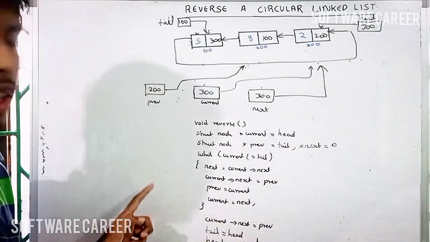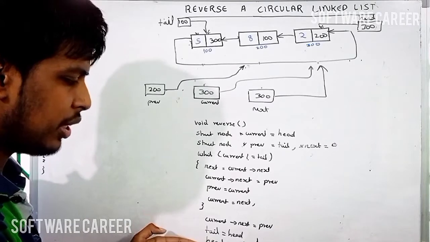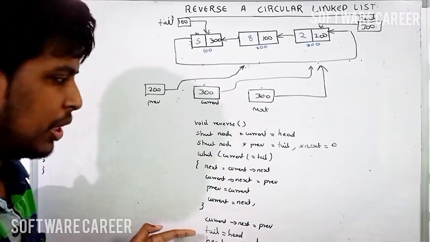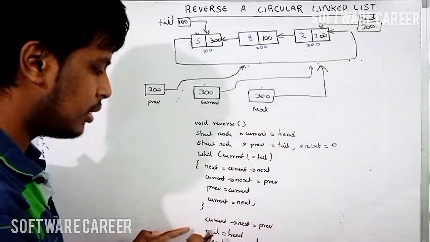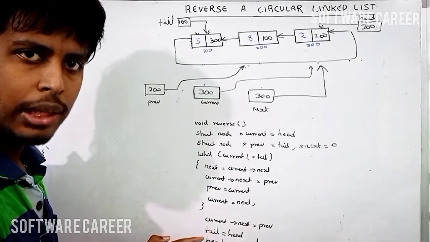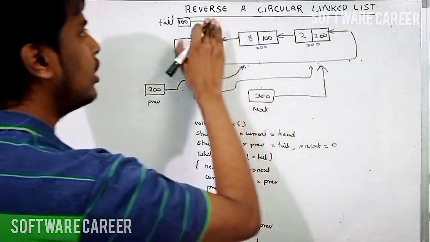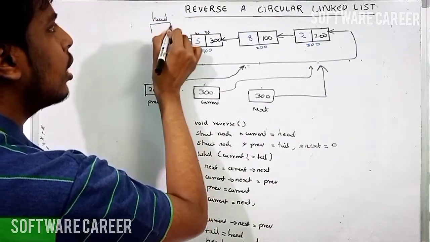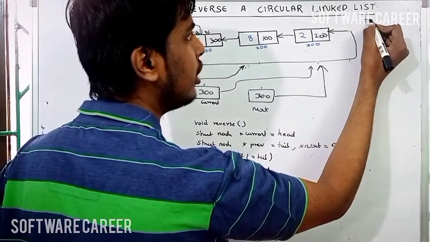Now you have reversed. But you can't write head equals to current first and tail equals to head last. You can't reverse the step. Let's see what happens if you reverse the step. Before, head was pointing here. Head is 100, and tail is pointing here.